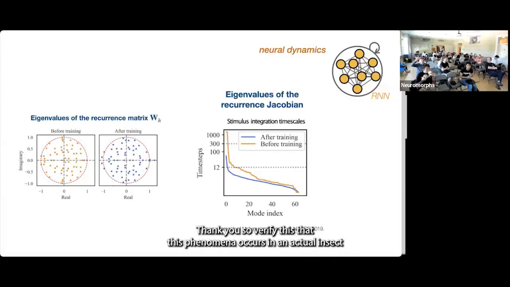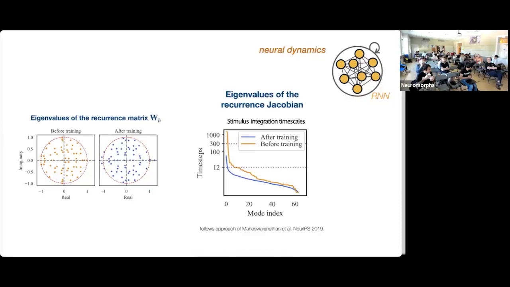Awesome, thank you. So how would you verify that this phenomenon occurs in an actual insect brain? You would try with a novel odor and train them, and then see if their neural activity also shows an eigen spectra that looks like this before training and after training. How do you measure this eigen spectra? Yes, we measure from projection neurons all the time in the insect brain, and you can do the same analysis.